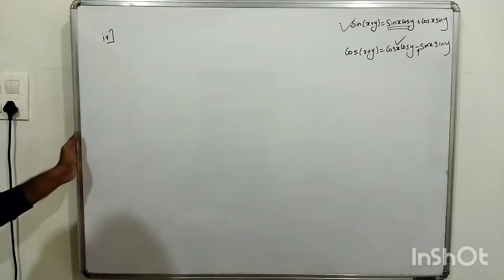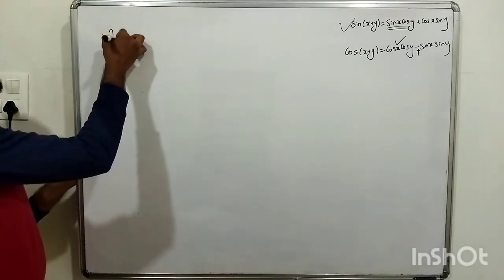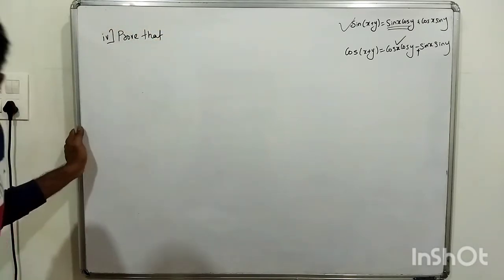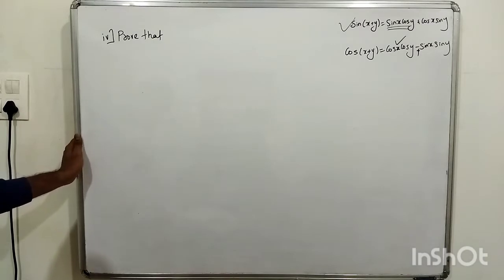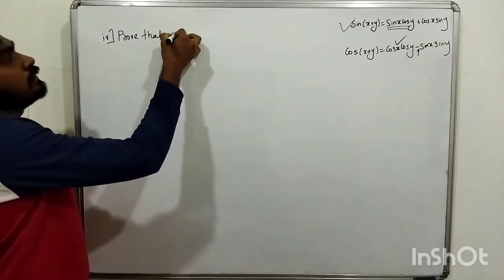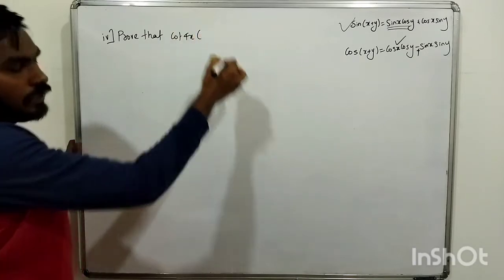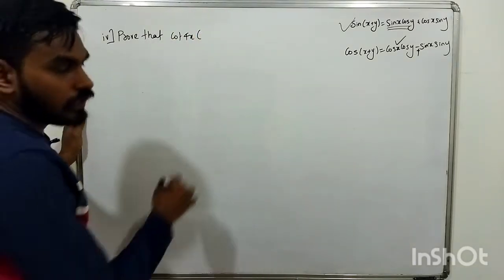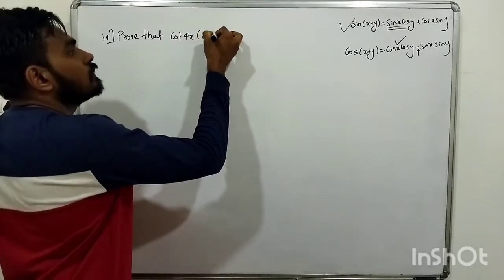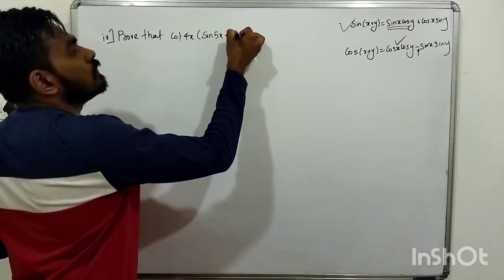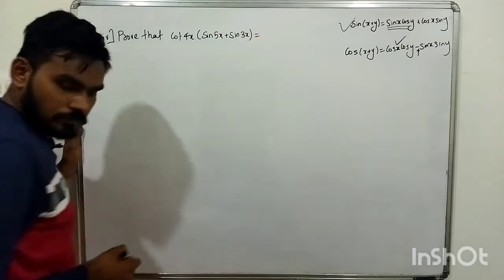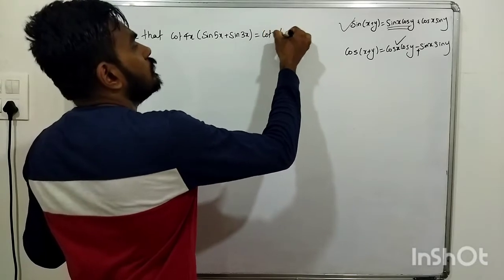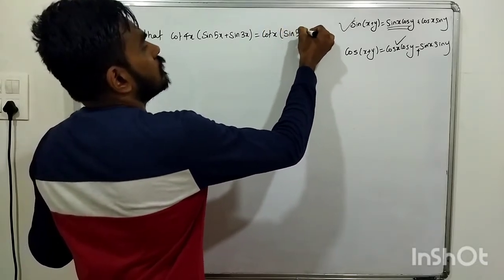Fourth one now. All these questions are of proving only. So prove that cot 4x into (sin 5x plus sin 3x) is equal to cot x into (sin 5x minus sin 3x).